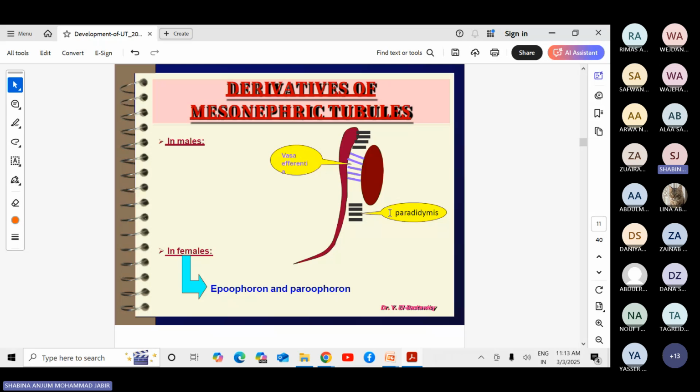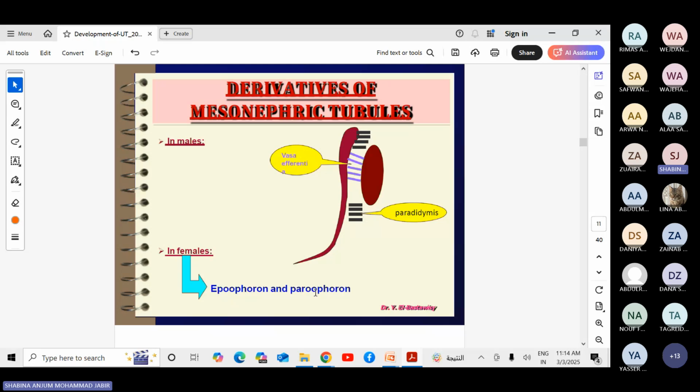This vasa efferentia and paradidymis will be present in the male reproductive system as an embryological remnant, and in females it will give the epoophoron and paroophoron.